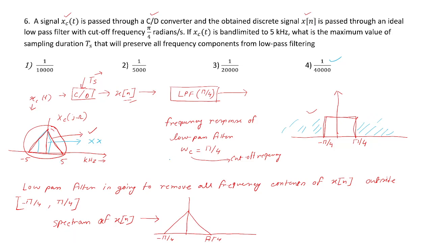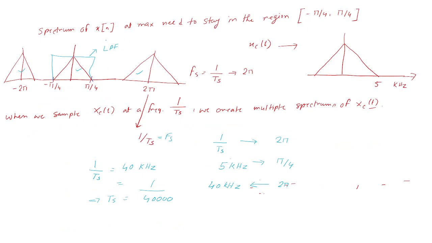That's another way of saying that xt is band limited to 5 kilohertz. Now when you sample xc with any sampling rate, you create this kind of multiple copies of xct, which are periodic with 2 pi.